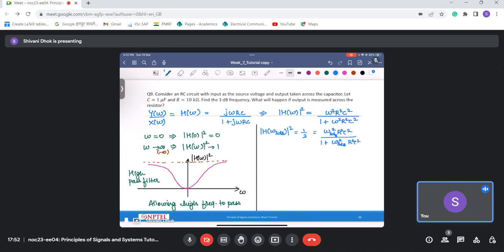After simplification, 2 times omega 3 dB square R square C square is equal to 1 plus omega 3 dB square R square C square. Therefore omega 3 dB square is equal to 1 upon R square C square, so omega 3 dB is equal to 1 by RC. This we had found out as 100 radians per second. Any doubt in this question?